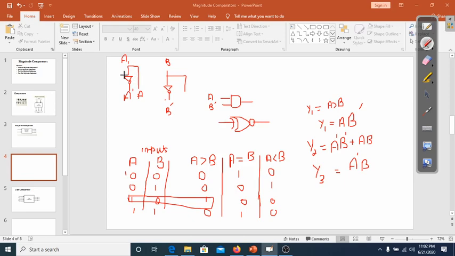Here, in fact, I am not using the wiring. You guys can connect these wires. To avoid messing this circuit, I'm not connecting these wires. So this is the case when A and B are equal.